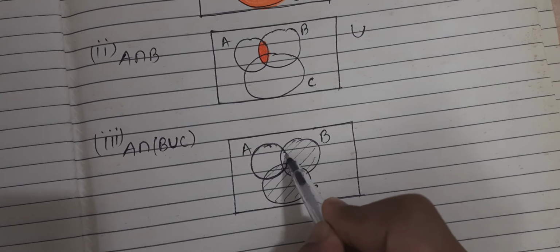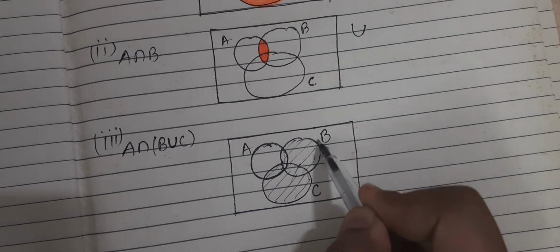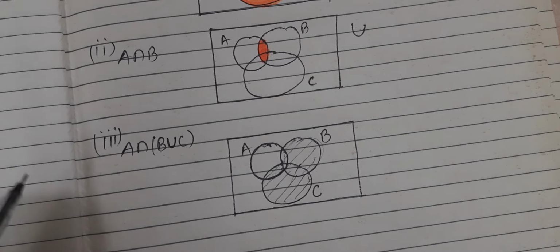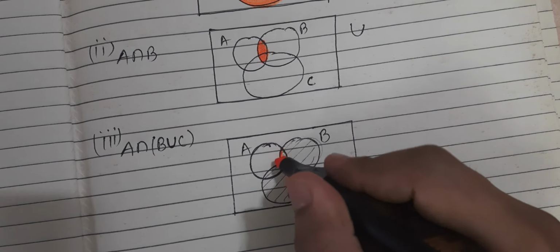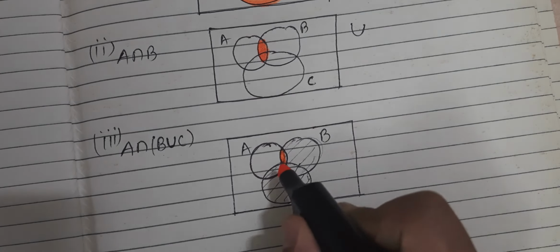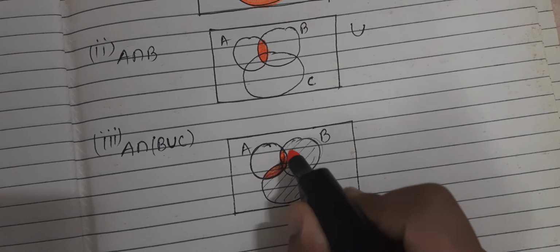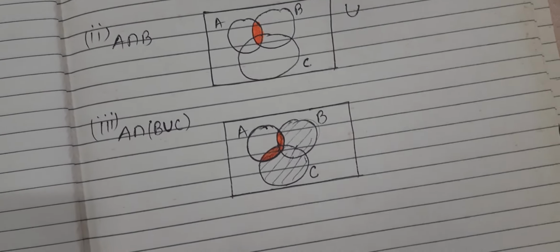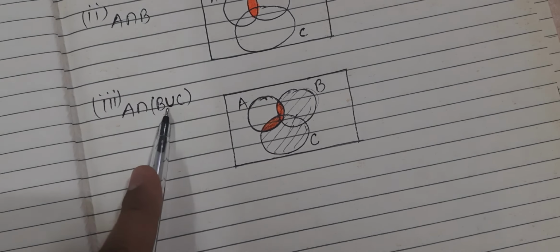When you observe, you will find that this portion is common. This shows A intersection (B union C).